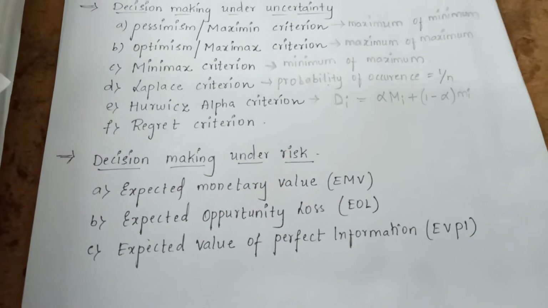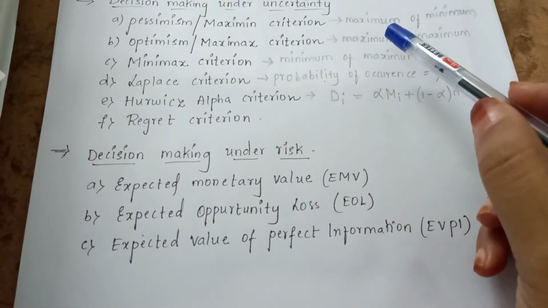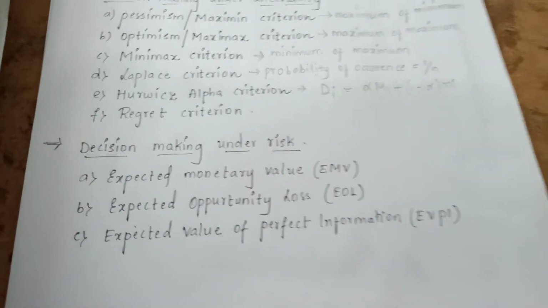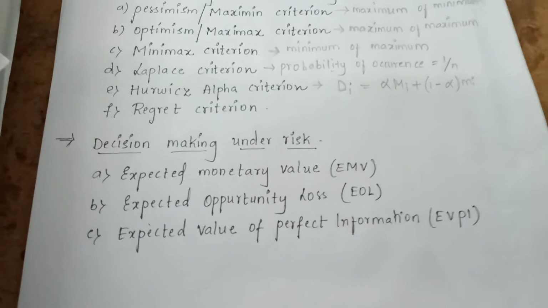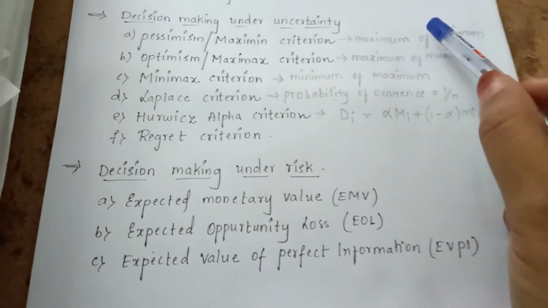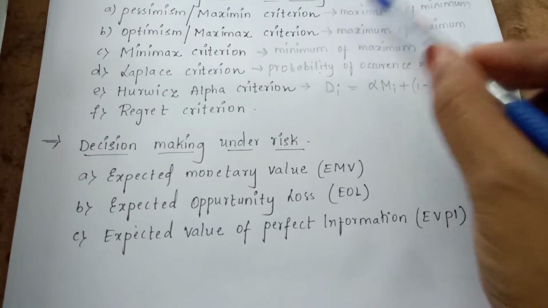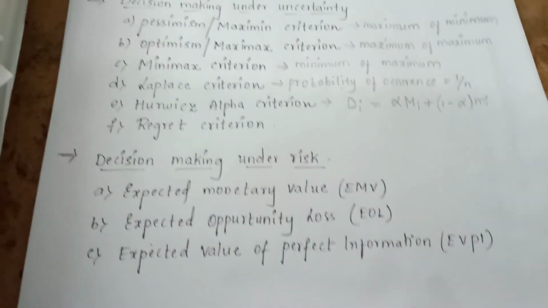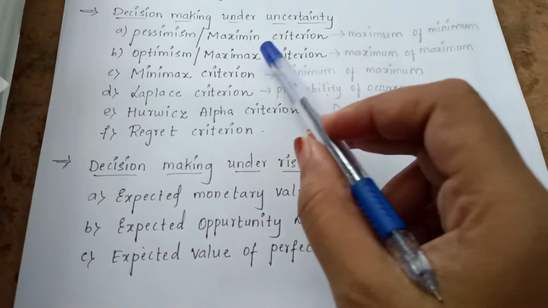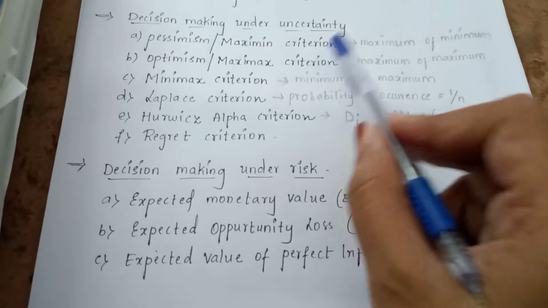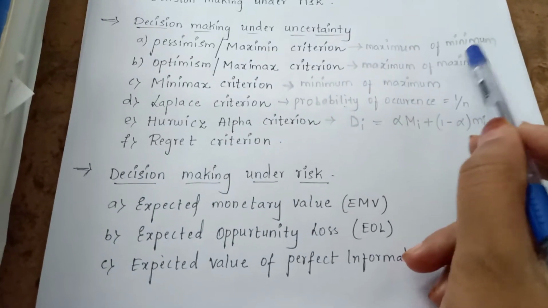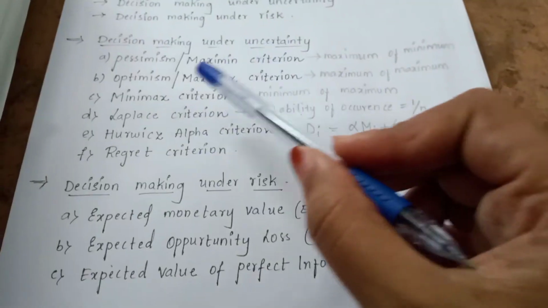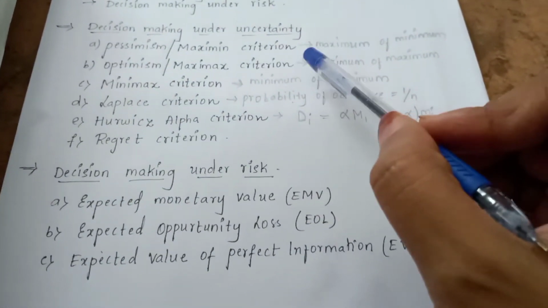He locates the minimum payoff for each possible course of action, and from those minimum values he will identify the maximum payoff, and the corresponding course of action is selected. So this criterion is known as Maximin criterion, which is nothing but the maximum of the minimum payoff. Okay. The next is optimism or Maximax criterion.